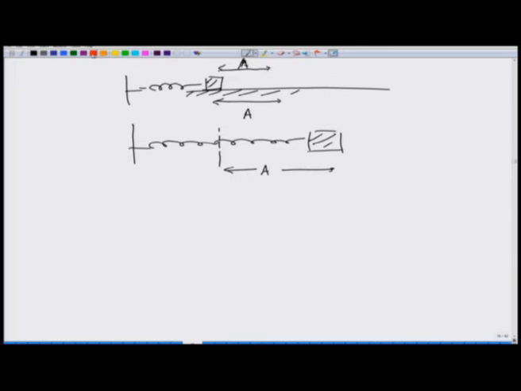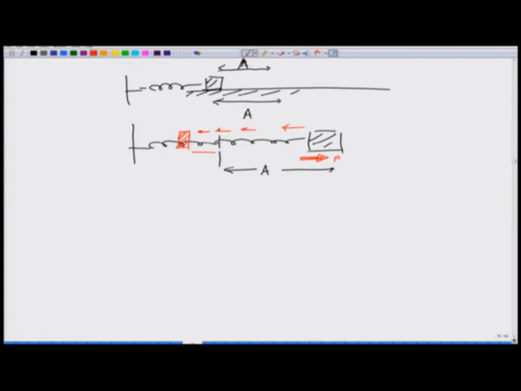So, this fellow is going to move to the left with frictional force acting to the right, and it will keep on moving until it comes to a stop, and in the process it loses energy.